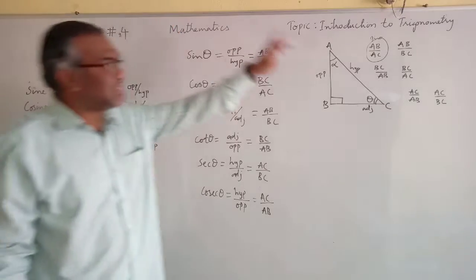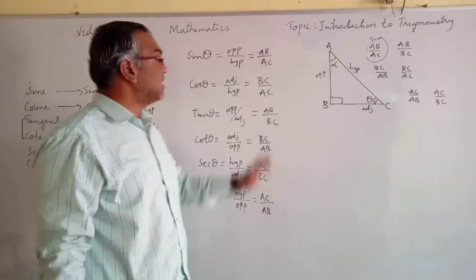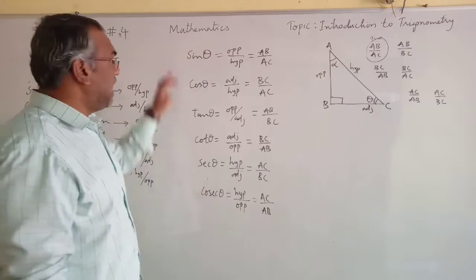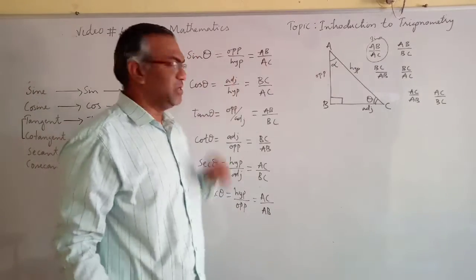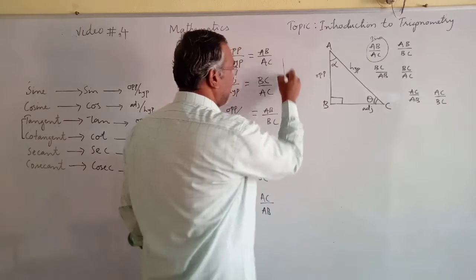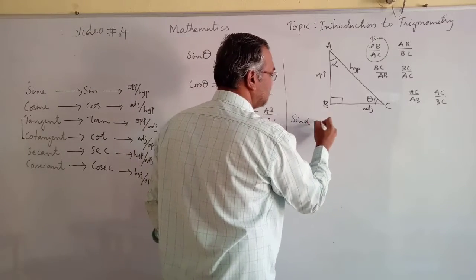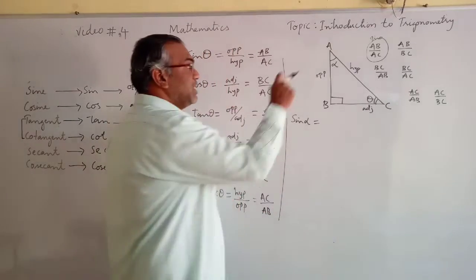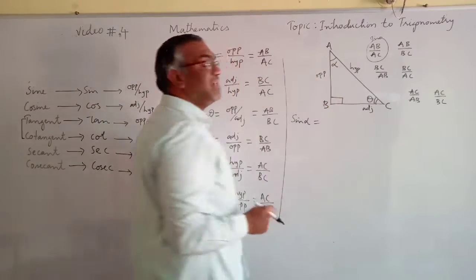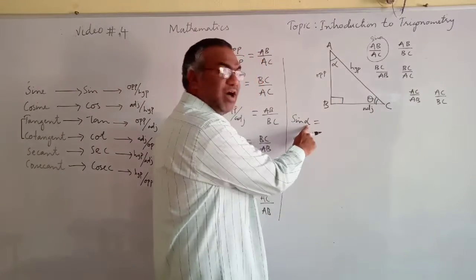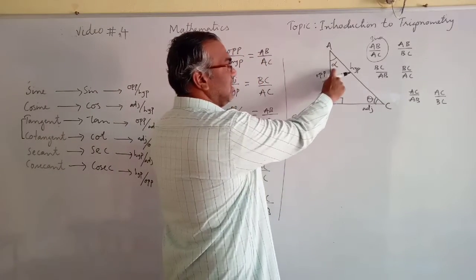This was when I took theta as the angle with the trigonometric ratio. Now, suppose I take alpha with the trigonometric ratio, say sine alpha. Now this opposite and adjacent will change. They will not remain the same, because now we are taking alpha at this angle.